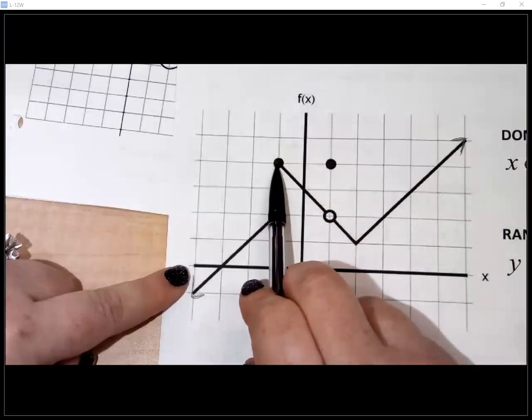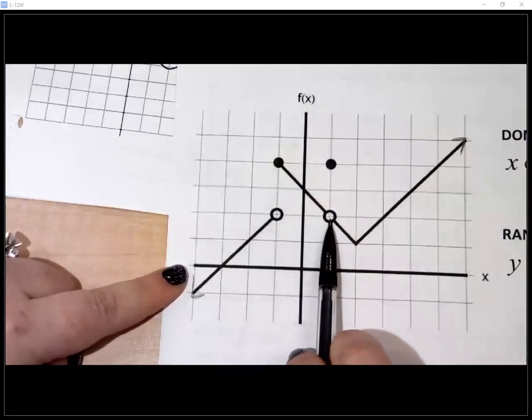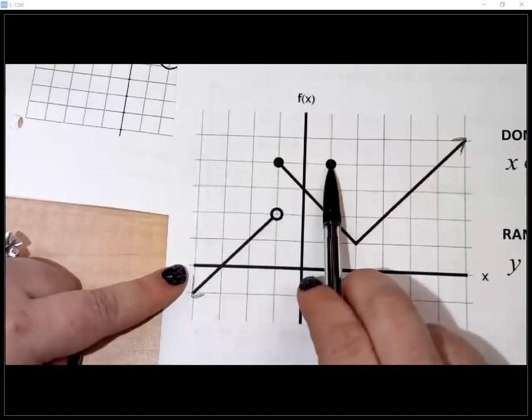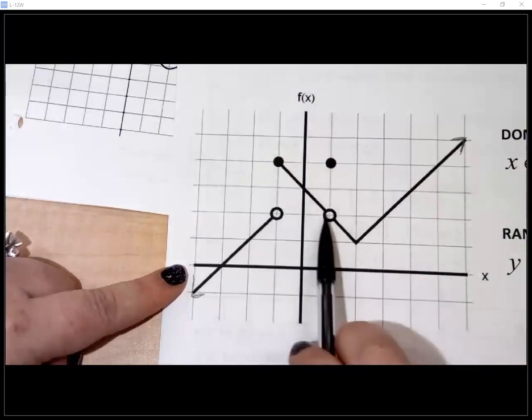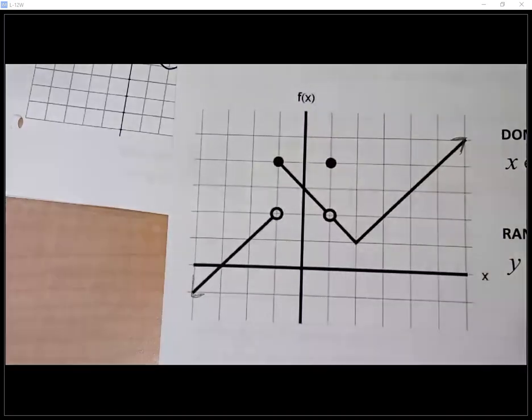So then I'm going to continue on. Oh, I reach another hole, except there's a dot there. And then as I continue, there really is no gap at all as you move from left to right. There's a place for you to go. You follow me?